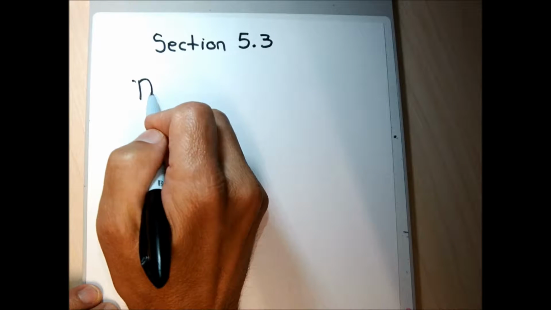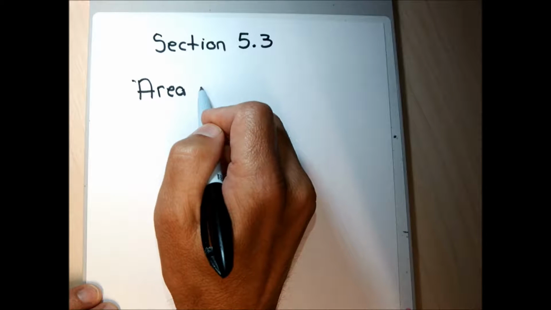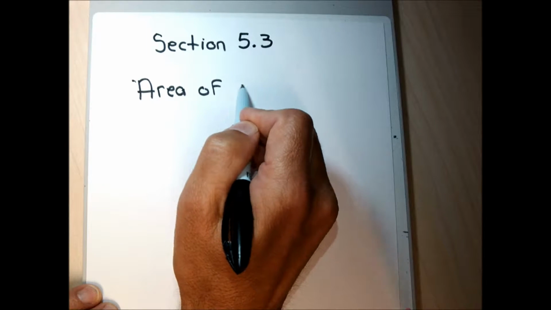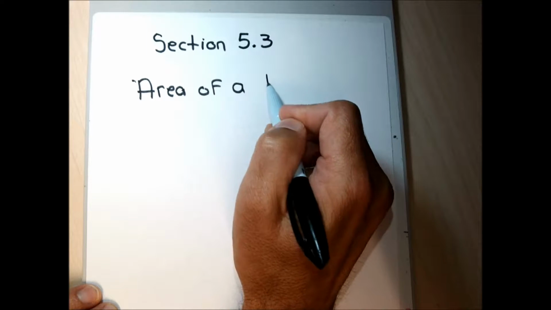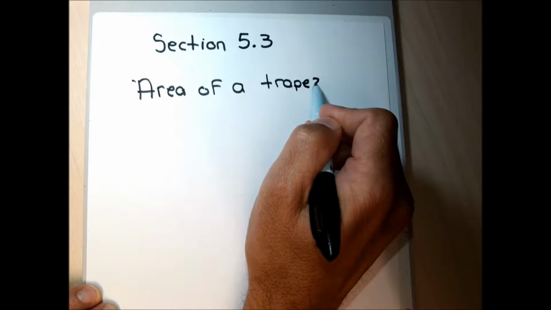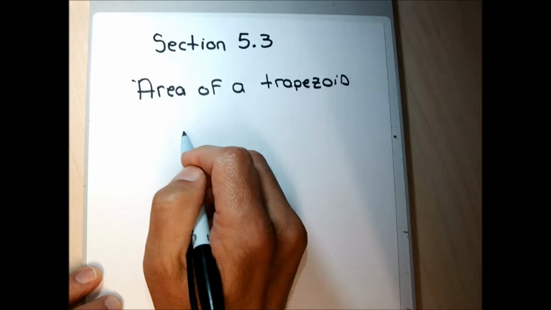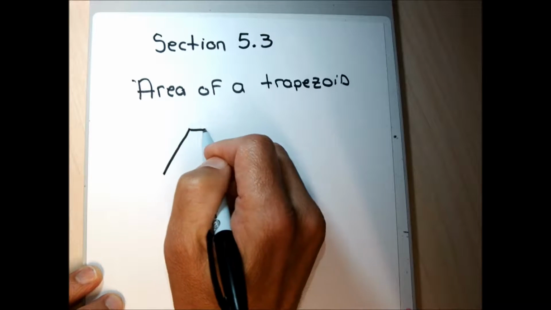In this section, before I jump into it, we have to remember a bit of geometry. And the geometry that we have to remember is how to find the area of a trapezoid. And I'll draw just a standard trapezoid here.